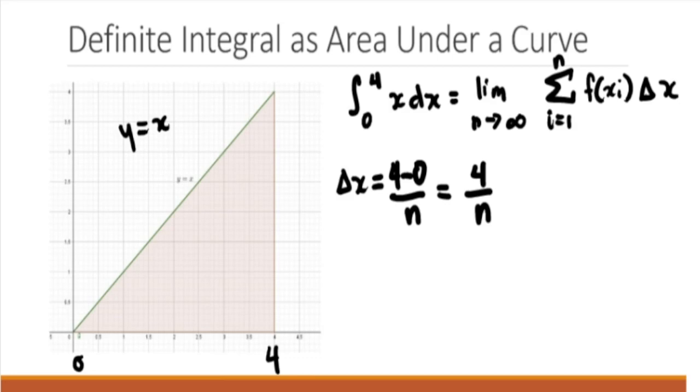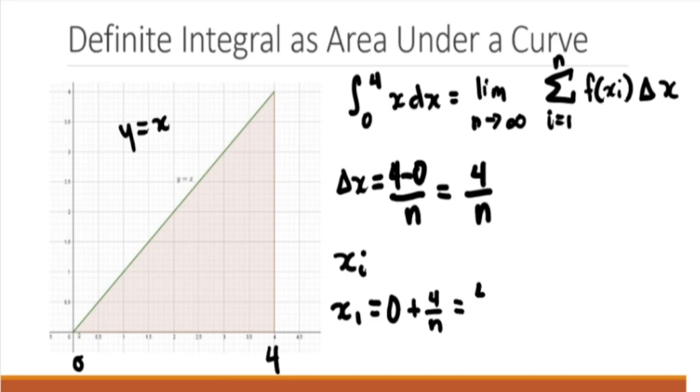Okay? Now, if we want to generate the x sub i's, mag-start muna tayo. Hanapin natin yung pattern. So, x sub 1, this would mean from the initial value ng x, so that is 0, tapos magdagdag tayo ng delta x, plus 4 over n.